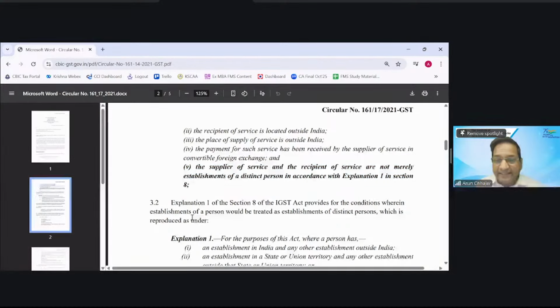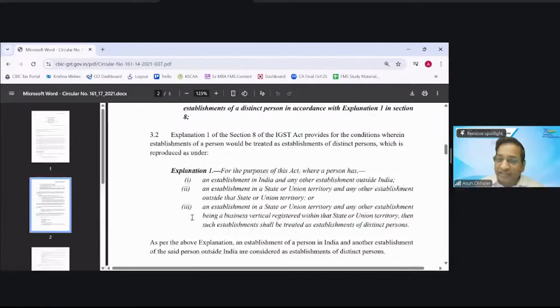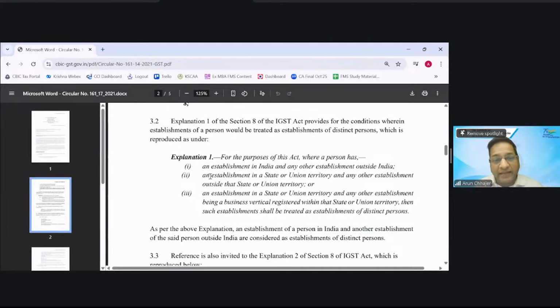Okay. Then explanation 1 to section 8 of IGST provides that for the purpose of this Act, where the person has an establishment in India and any other establishment outside India, point number 1, and an establishment in a state or any other establishment outside that state, or third, an establishment in the state.